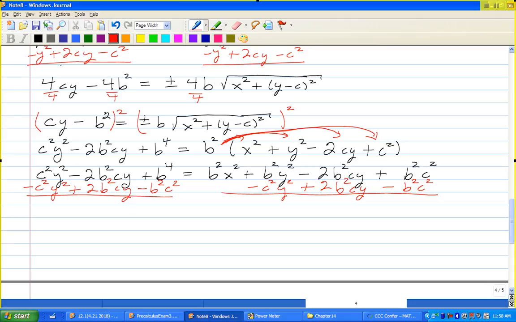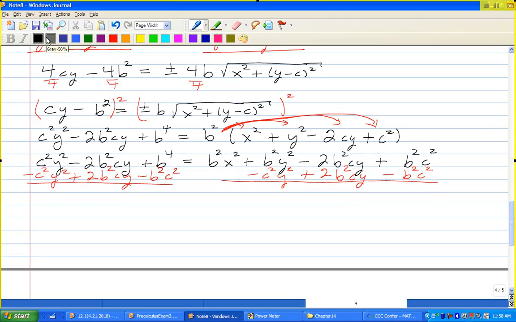So I get b to the fourth minus b squared c squared equals b squared x squared plus b squared y squared minus c squared y squared.